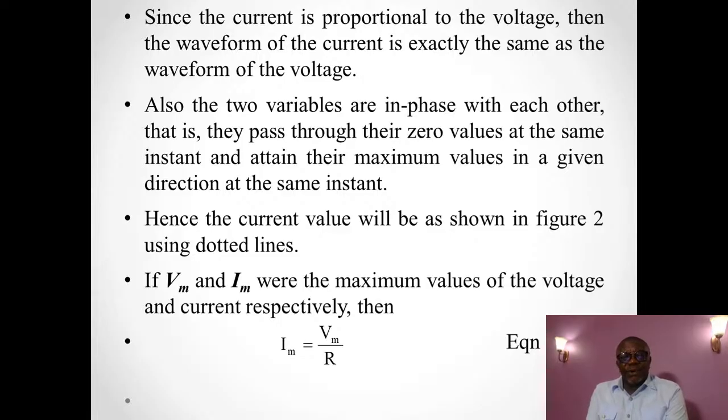Hence, the current value will be as shown in Fig. 2 using dotted lines. If Vm and Im were the maximum values of the voltage and current respectively, then from Ohm's law, I max will be equal to V max over R. We note that as equation 1.